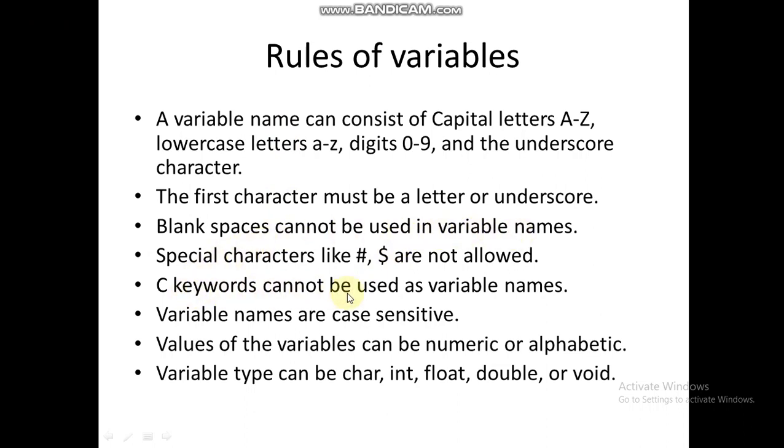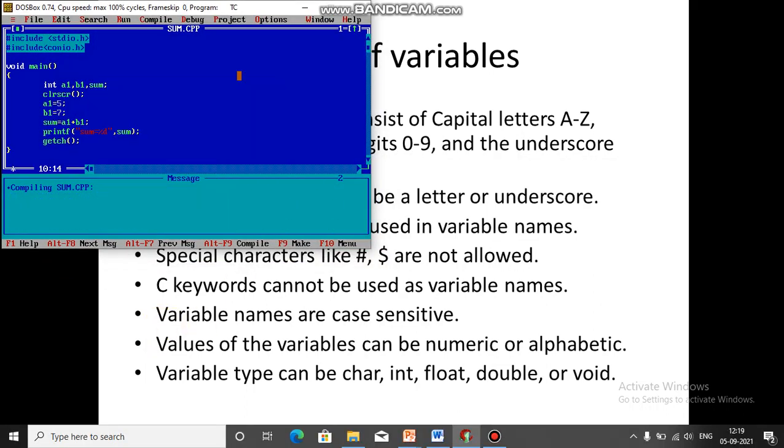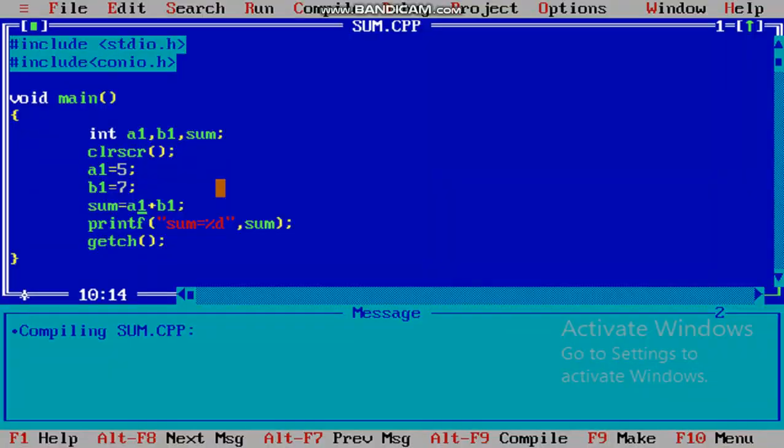C keywords cannot be used as variable names. There are some keywords: int is a keyword, float is a keyword, char is a keyword, break is a keyword. There are many keywords which are not allowed. For example, instead of A1, I can't write float.